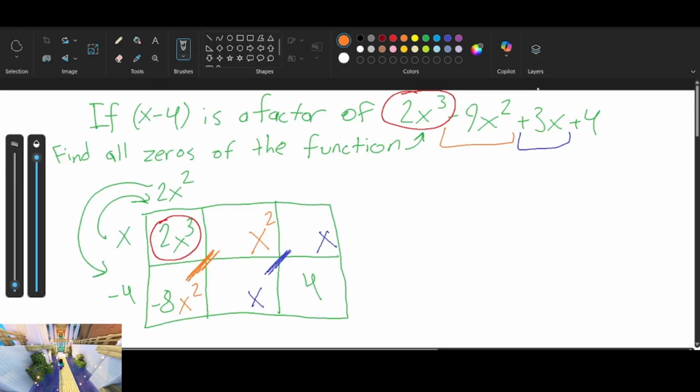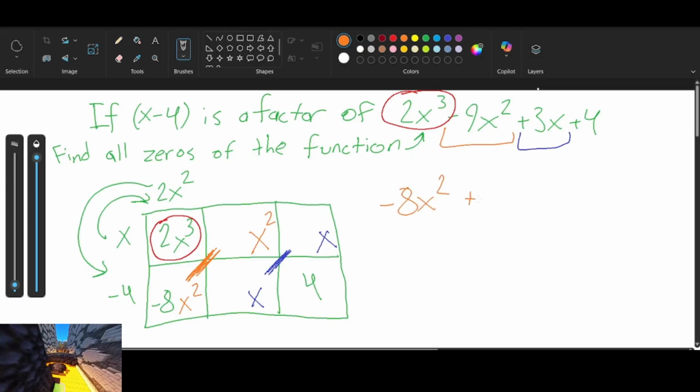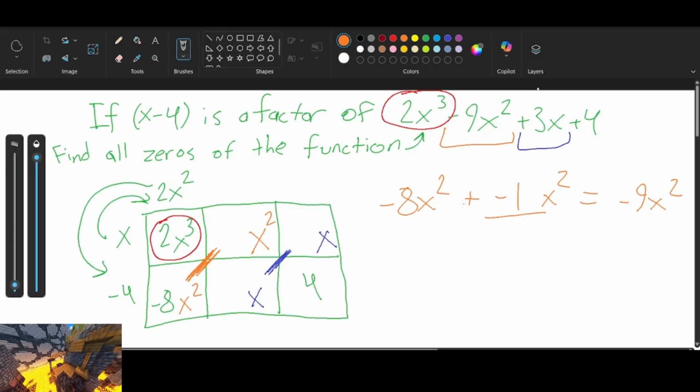Now I have negative 8x squared, and I know it's going to add with this top middle box to get negative 9. So negative 8x squared plus what, or how many x squareds, gets me my negative 9x squared? Well, negative 8 plus a negative 1 would give me negative 9. So this has to be a negative 1x squared.